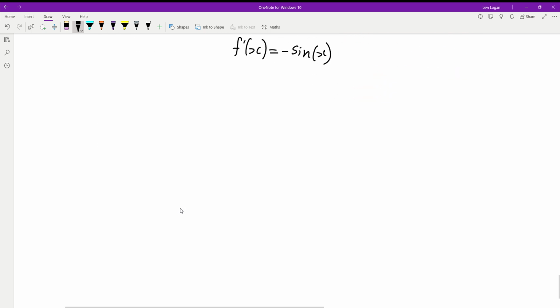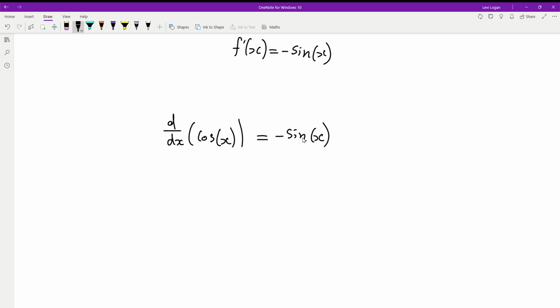So what that means is the derivative of cos of x is equal to minus sine of x. Okay, so it wasn't exactly sine, but pretty close to it, I reckon.